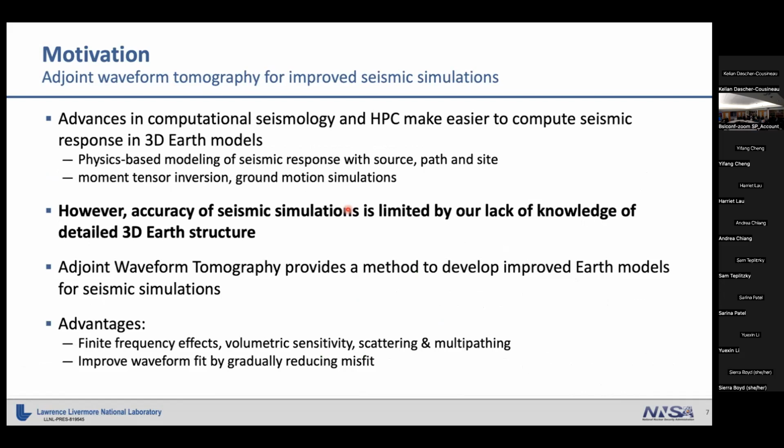There are a lot of advancements out there to make these computations faster and easier. But the limit for us is actually having these models. It can still be quite expensive to get good models using adjoint waveform tomography.